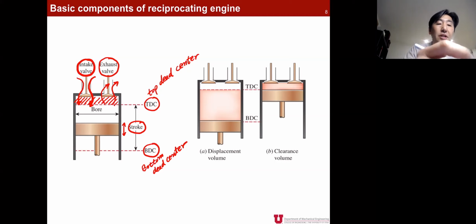And now spark ignition, spark plug is usually here, and this spark plug also needs certain space. So that type of space at the highest position of piston at TDC is called clearance volume.